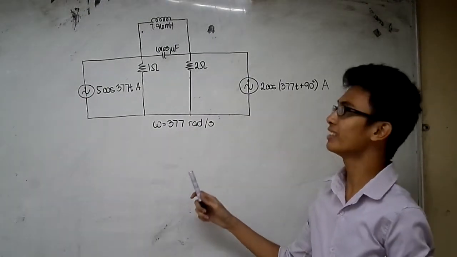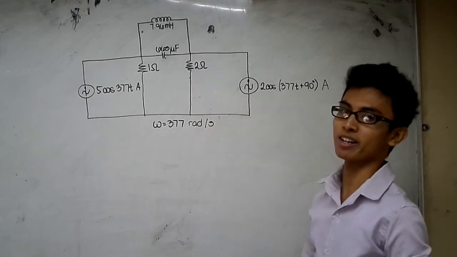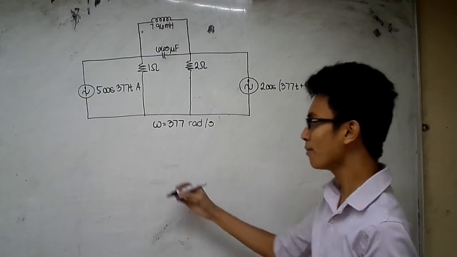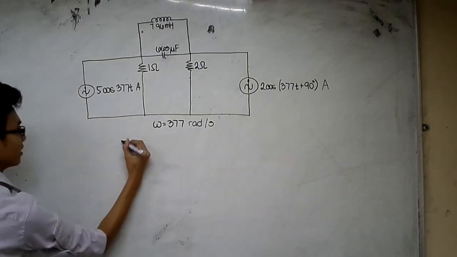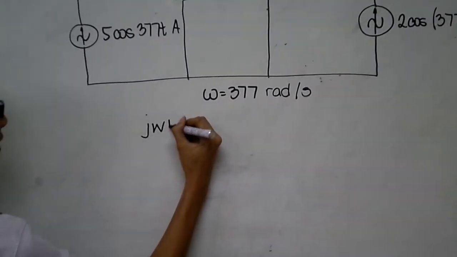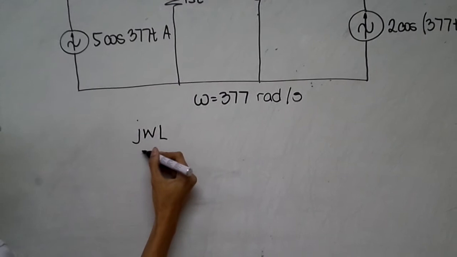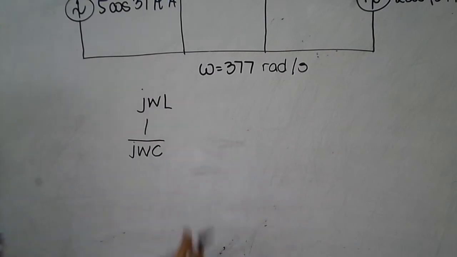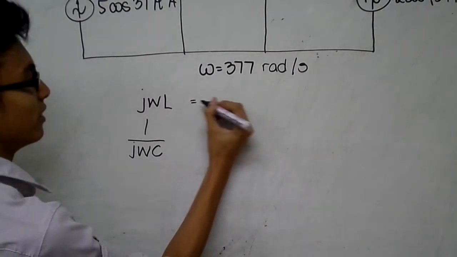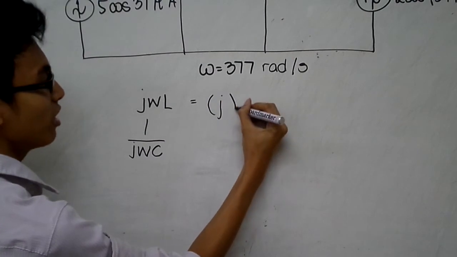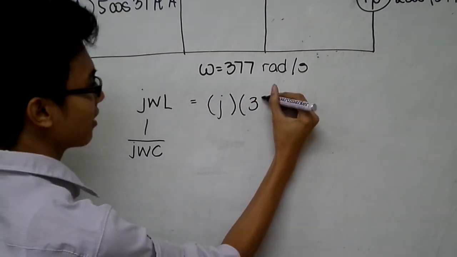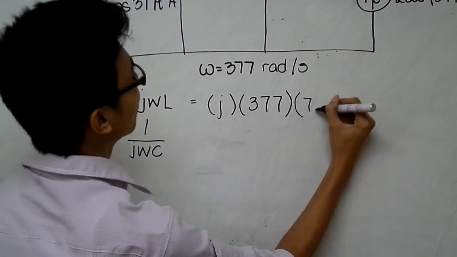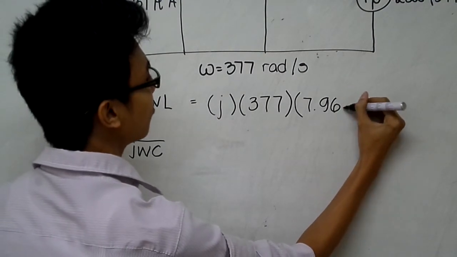So we must get the equivalent impedance of the inductor and the capacitor. To get the equivalent impedance of the inductor, we must use the formula jωL. And for the capacitor, we must use the formula 1 all over jωC. So for the inductor, j times the angular frequency, 377 radians per second, times 7.96 millihenries.